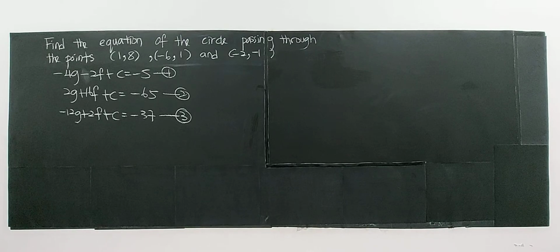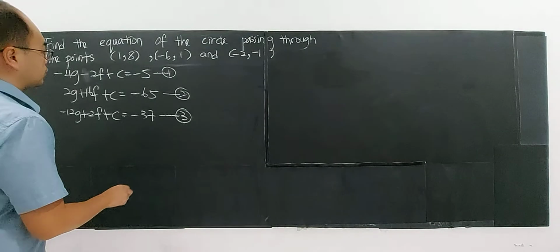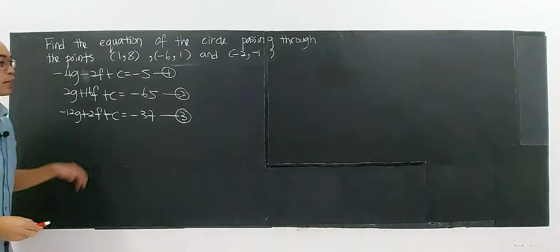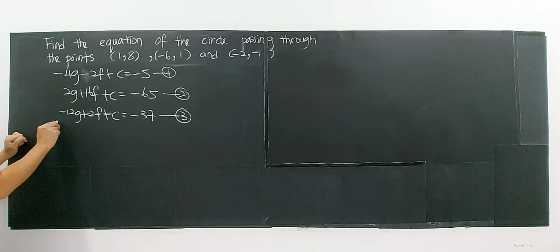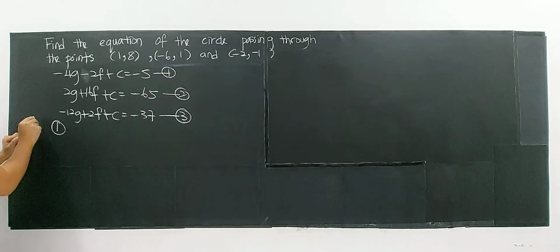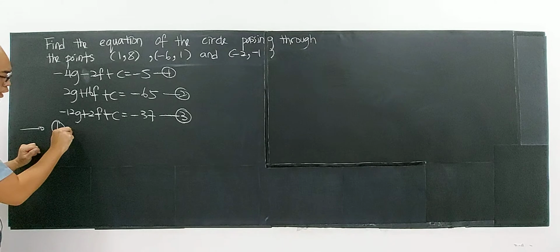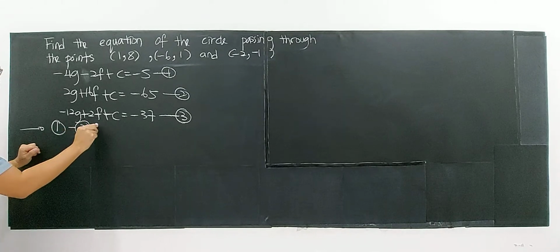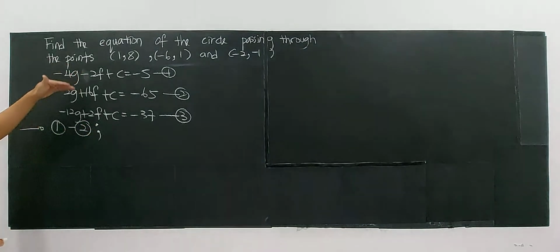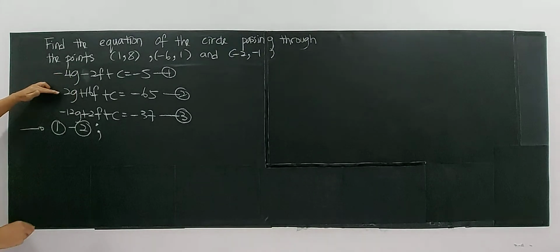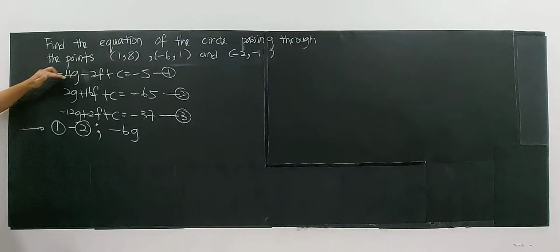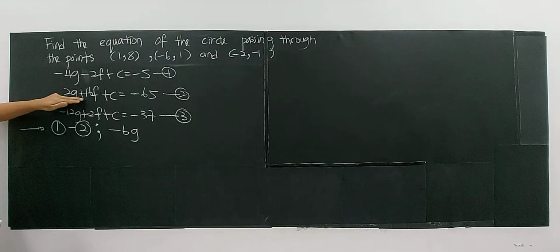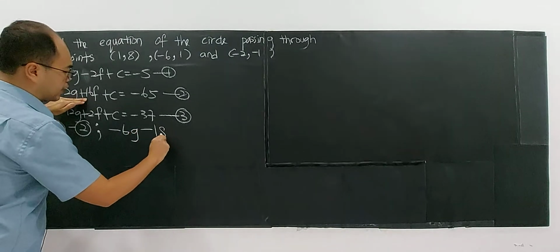Let's see how to solve this. I will start with equation 1 and 2, where I want to eliminate c, as c has the same coefficient. So I take equation 1 subtract equation 2. -4 minus 2g, you have -6g. -2 minus 16, you have -18f.